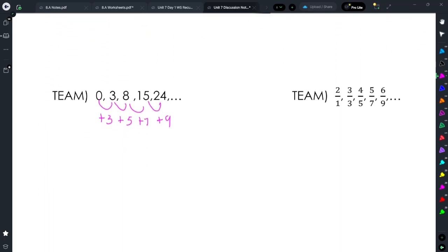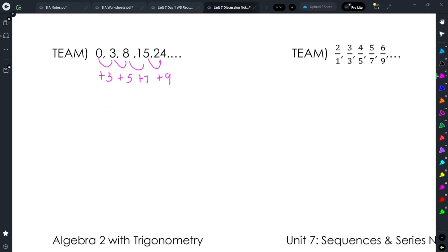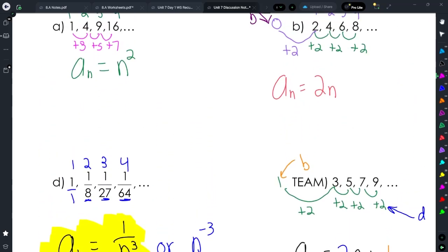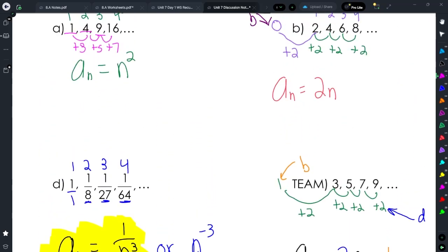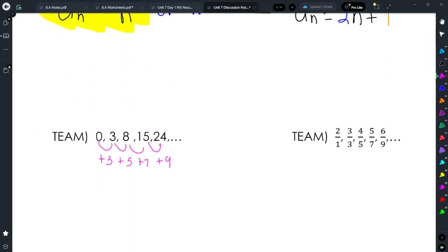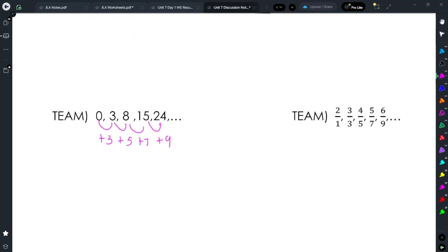So look, I have +3, 3 plus 2 is 5, 5 plus 2 is 7, 7 plus 2 is 9. So I'm thinking that this has to do with something being squared, and all of these numbers are 1 less than these up here. Except we don't have 25 here, but we do have 24 down here. All these numbers are 1 less than the square.